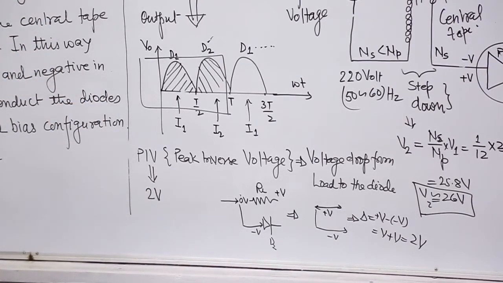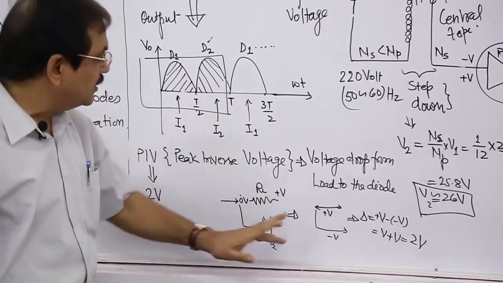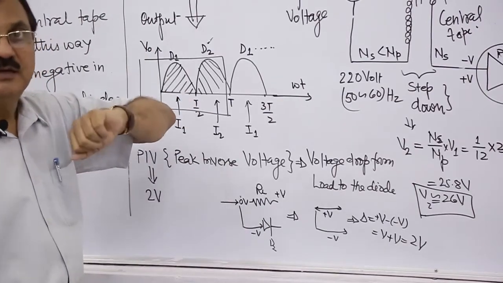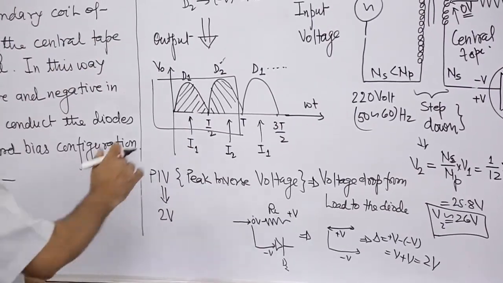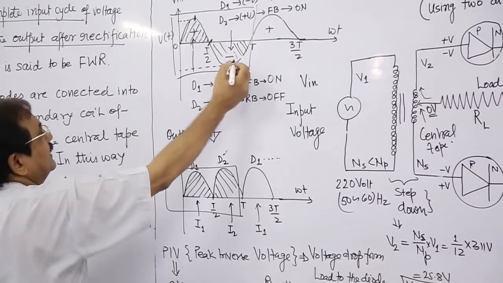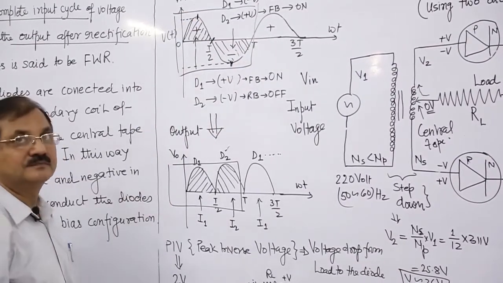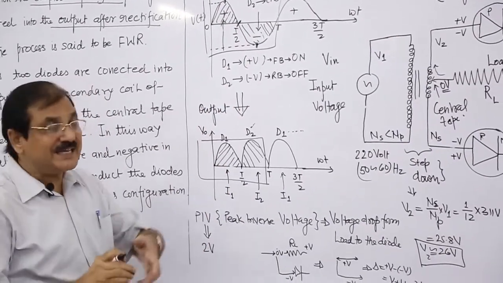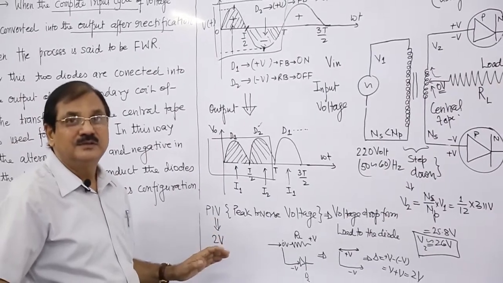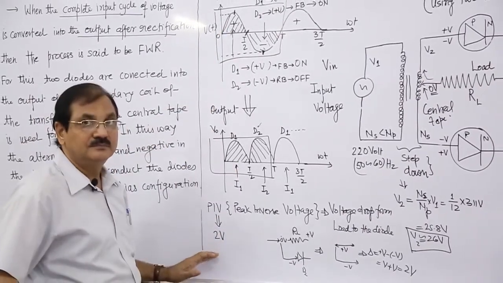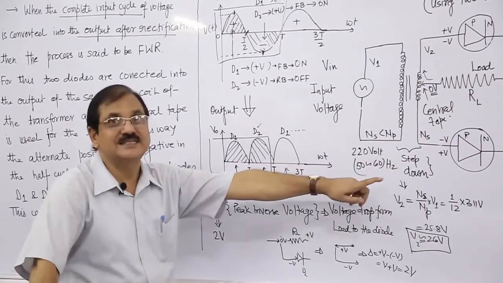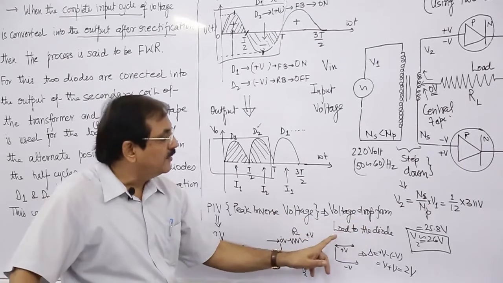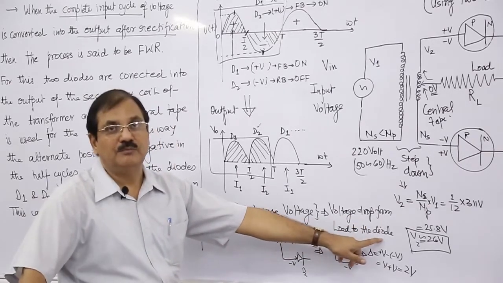How is it 2V? Again, we take the same concept: inverse voltage, peak of the inverse voltage. We can also visualize this easily as peak to peak. It seems that it is 2 volt in this diagram, but for the sake of understanding, we say potential drop, a voltage drop from load to diode.